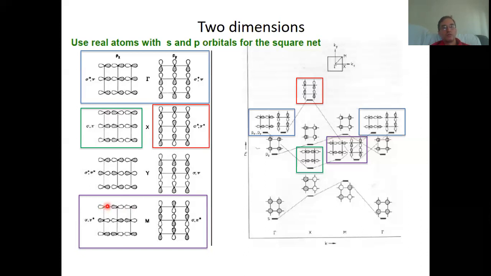We certainly create bonding sigma interactions as we do that, but we now create antibonding pi interactions. Sigma interactions are stronger than pi interactions, so for that reason, this crystal orbital here will be bonding, but it will not be as bonding as this crystal orbital here.